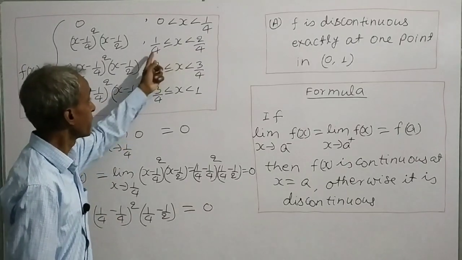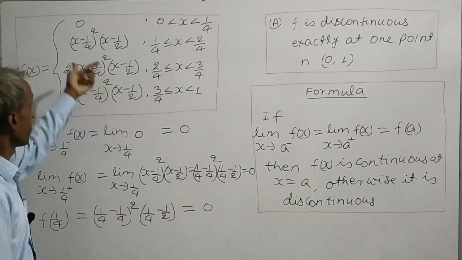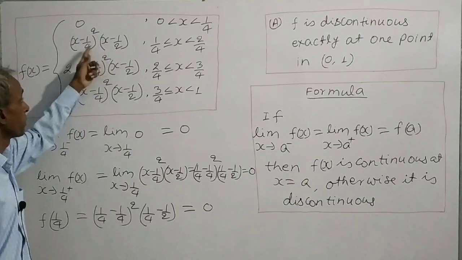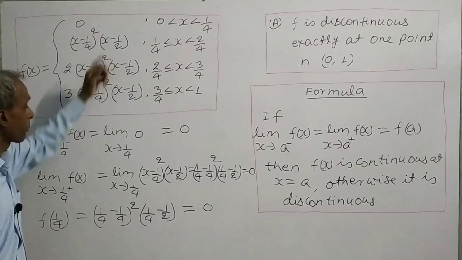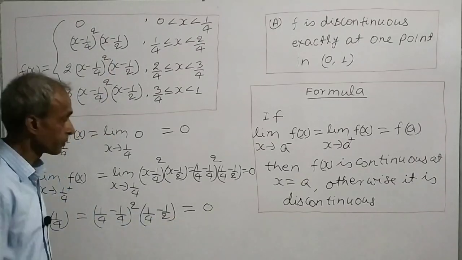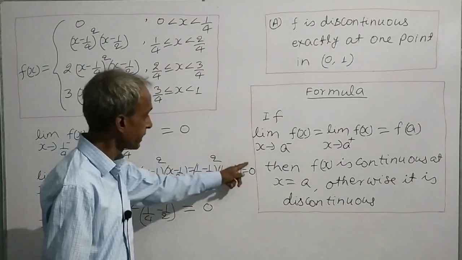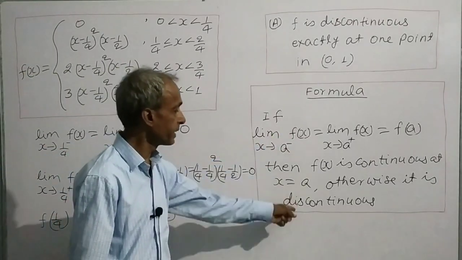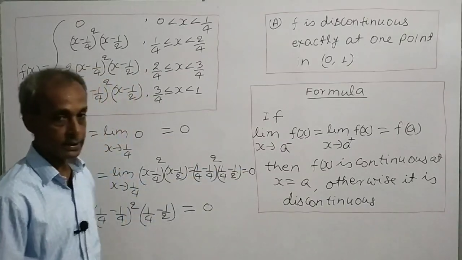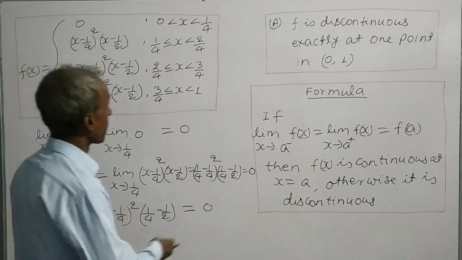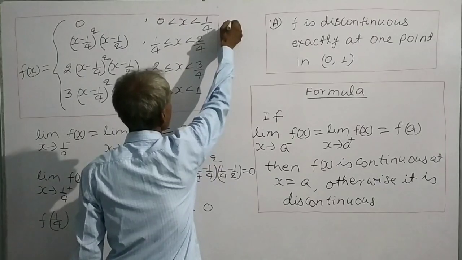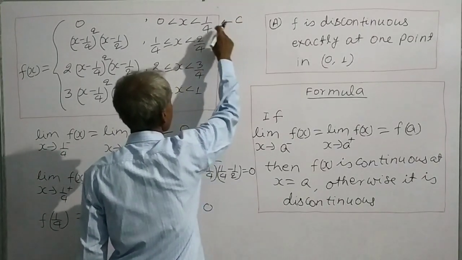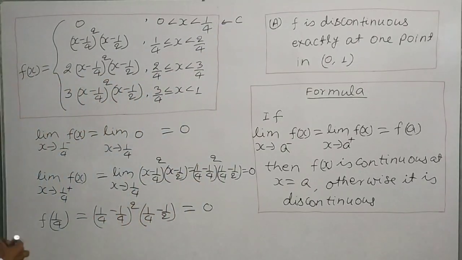When x is equal to 1 by 4, the function is given by this expression, and when we put 1 by 4 in place of x, we get 0. Since all these three numbers are equal, it is obvious that f(x) is continuous at x equal to 1 by 4.